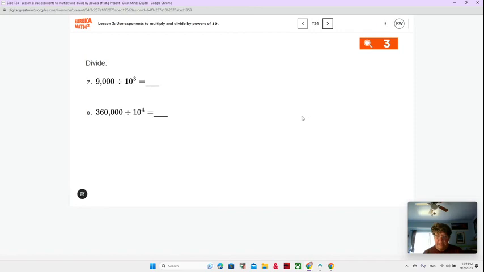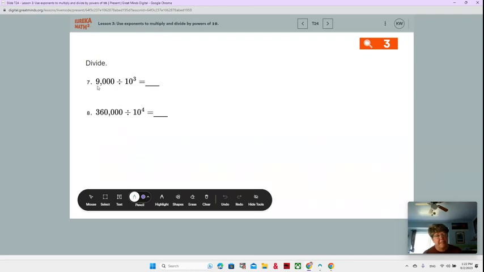Okay. Now we see we've got some other numbers. 9,000 is not a number that's a power of 10. Same thing with 360,000. All right. So let's think about this. 9,000 divided by 10 to the third power.